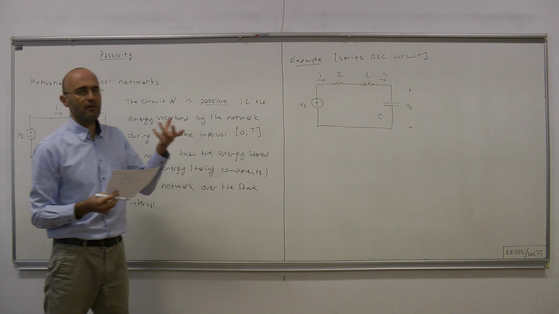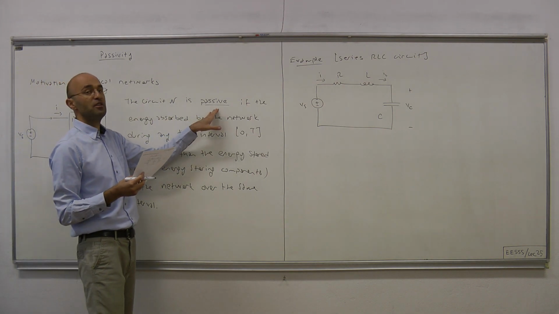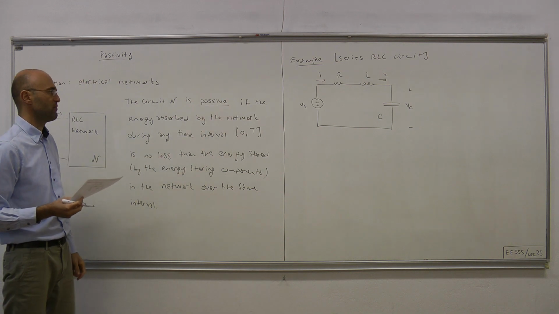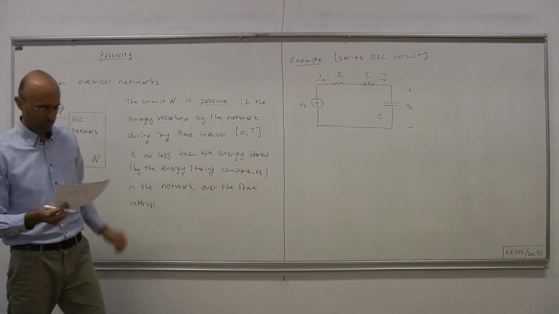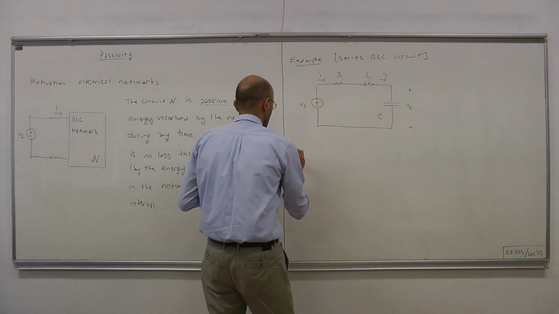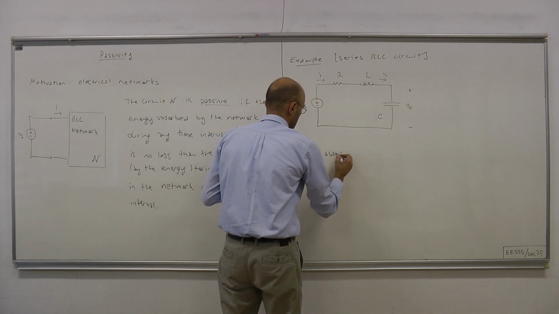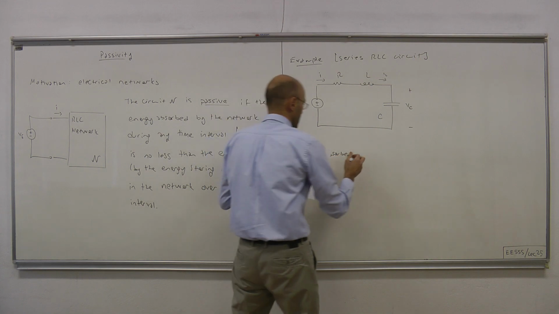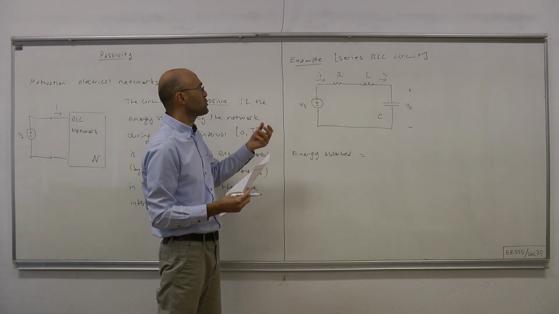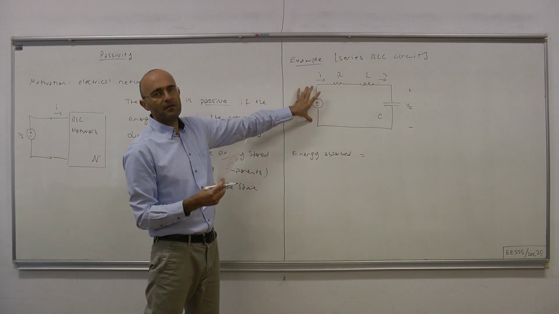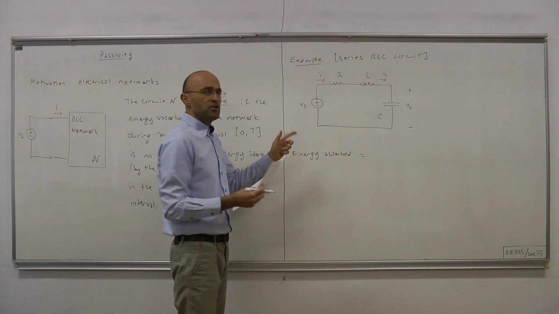Once we have the absorbed energy and the stored energy, we can apply this informal definition of passivity and see whether that network is passive or not. So what's the energy absorbed? The energy absorbed is the same as the energy delivered by the source, and it's simply the integral of the power.